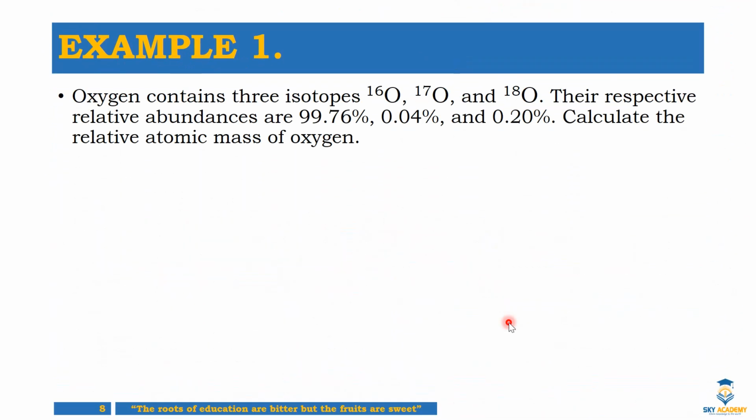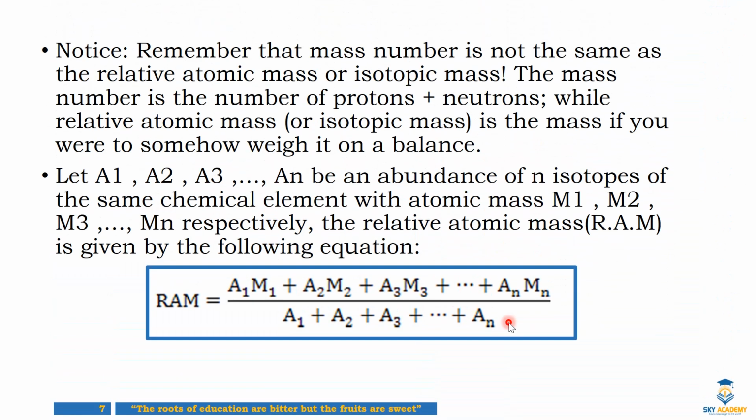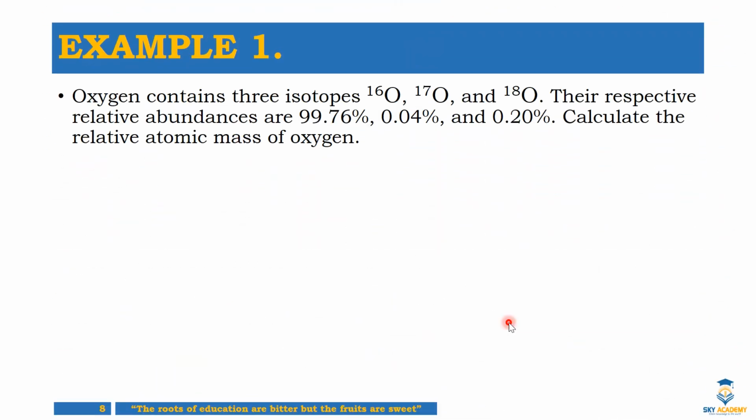Okay, so we have an example in order to understand this clearly. Oxygen contains 3 isotopes, and their respective relative abundances are given. Then calculate the relative atomic mass of oxygen. The question is to calculate the relative atomic mass of oxygen.